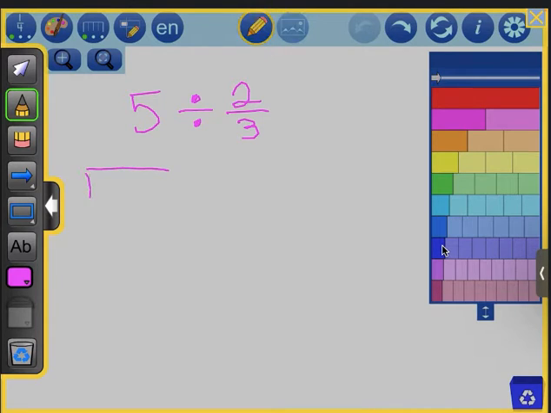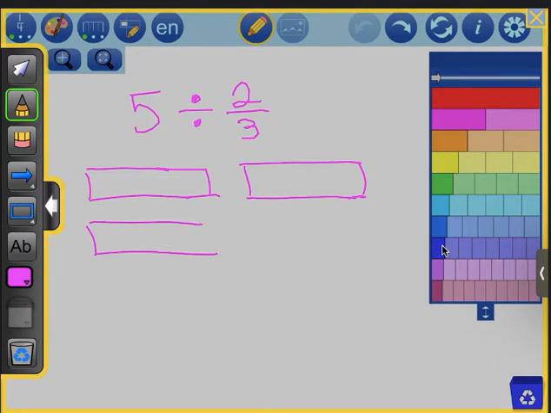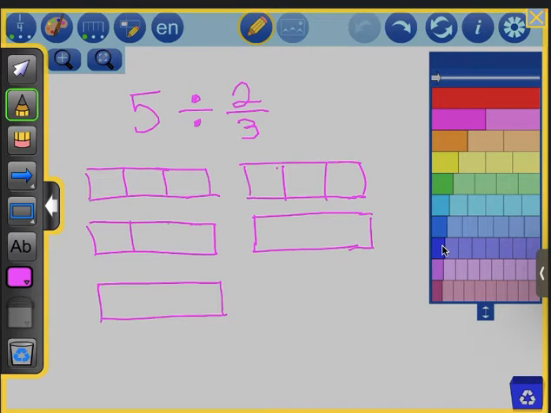So I'm going to draw 5 wholes. And I'm going to break them into thirds. Okay. So this is a third, this is a third, this is a third, and so on.